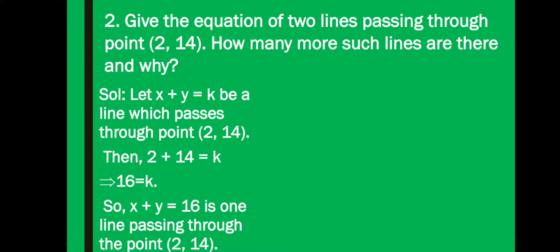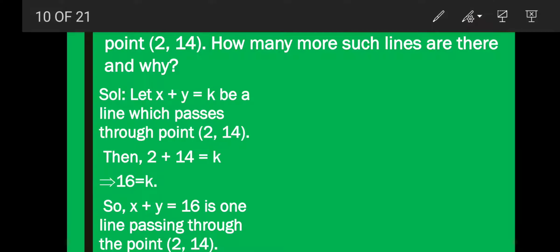So x plus y is equal to 16. Then we get the equation x plus y is equal to 16 as one line passing through the point (2, 14), which is given to us.